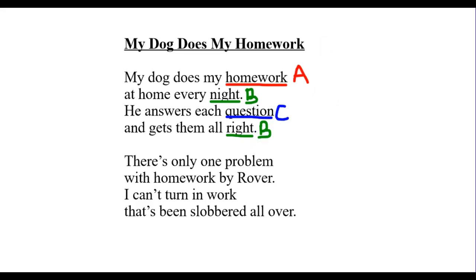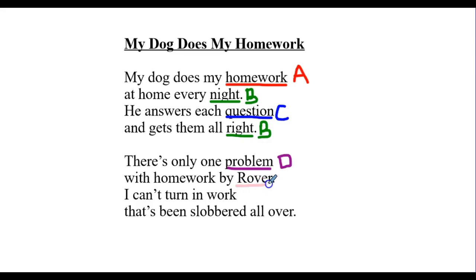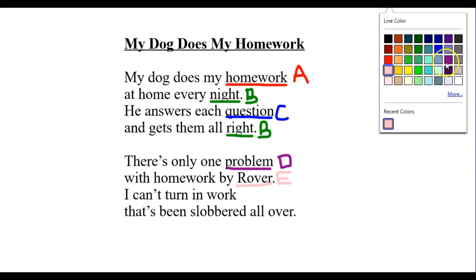Now in longer poems, you're going to have to use more letters than just A, B, C. So in this next line here, we got the word problem. Problem doesn't rhyme with right, question, night, or homework. So it's going to be its own letter, letter D. Our next line is rover, and rover doesn't rhyme with problem, right, question, night, homework, none of them. So it is going to be its own letter, E. Our next one, work.